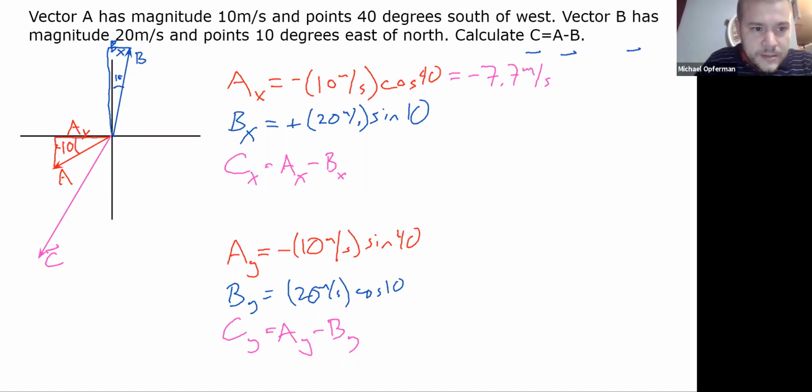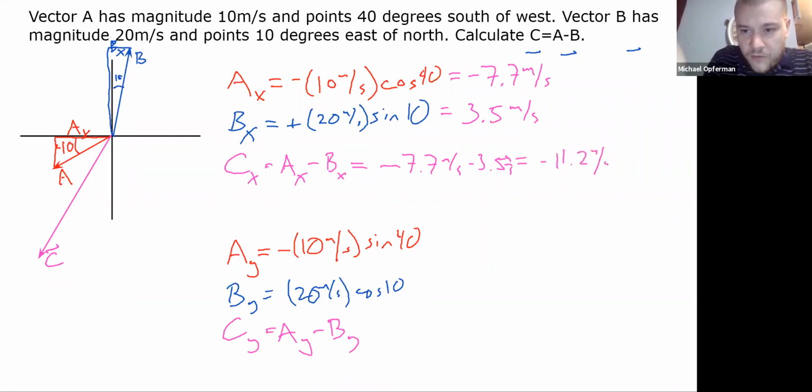BX is sine of 10 times 20. And I got for that 3.5. So CX is going to be negative 7.7 minus 3.5, which is negative, what is that, 11.2, if I'm doing my mental math correct.